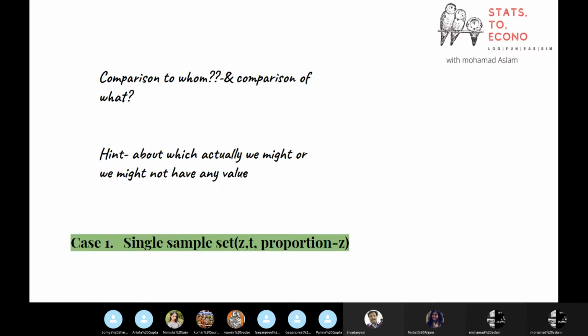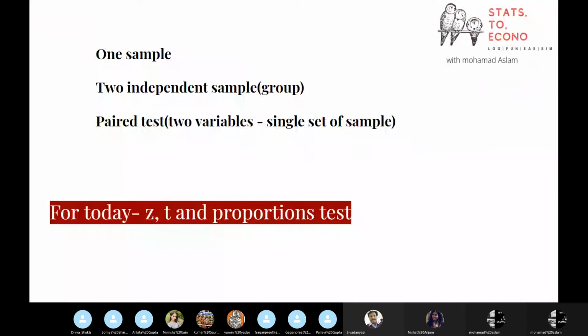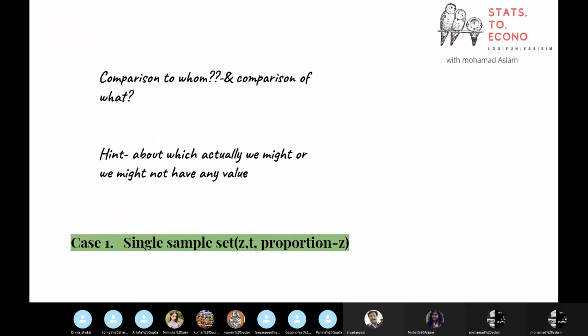So let's start with the first question. Now the first case is of a single sample set, single sample test. The thing is what we have to compare and with whom we have to compare, means which values we have to compare. The hint I am giving you is that we might or might not have any value. So let's suppose you have a single sample test, and this is a case of both quantitative and qualitative data.